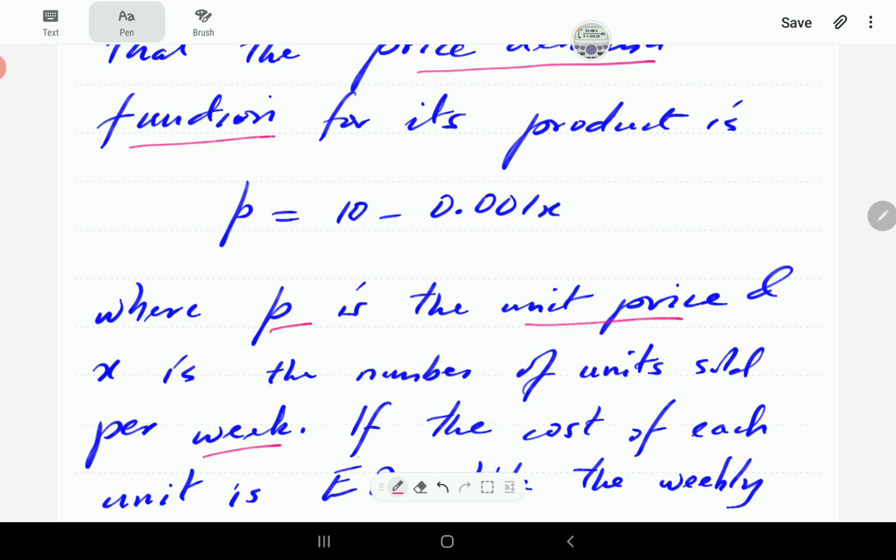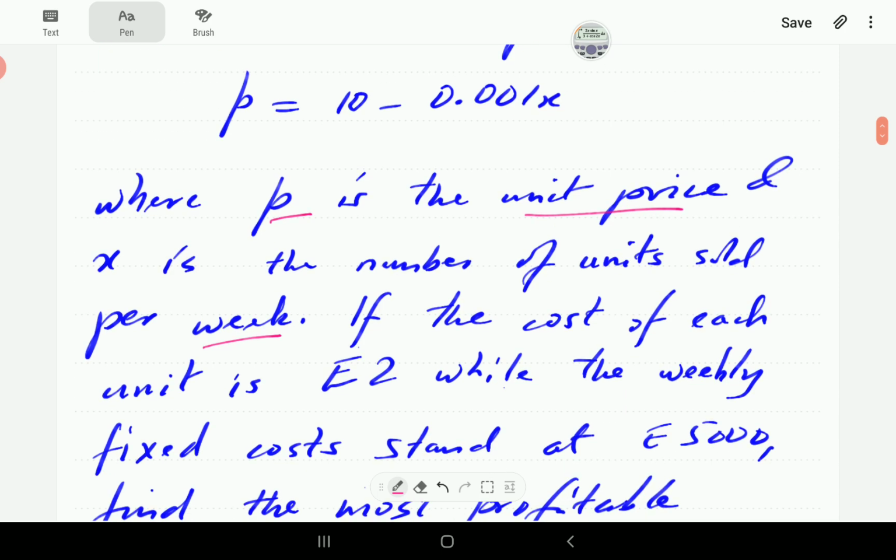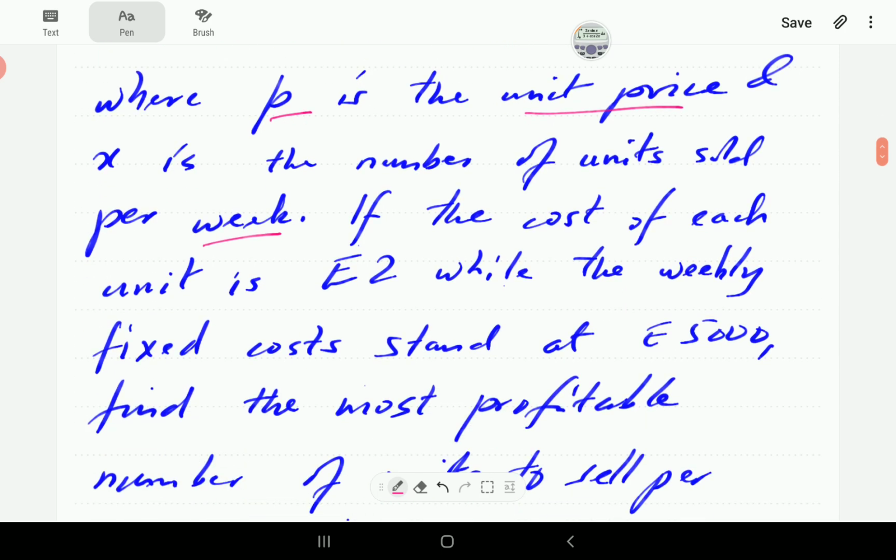The price demand function gives us a connection between the price set by the retail shop and the demand for that product in terms of the number of units they are likely to sell. We're going to explain this a bit below.